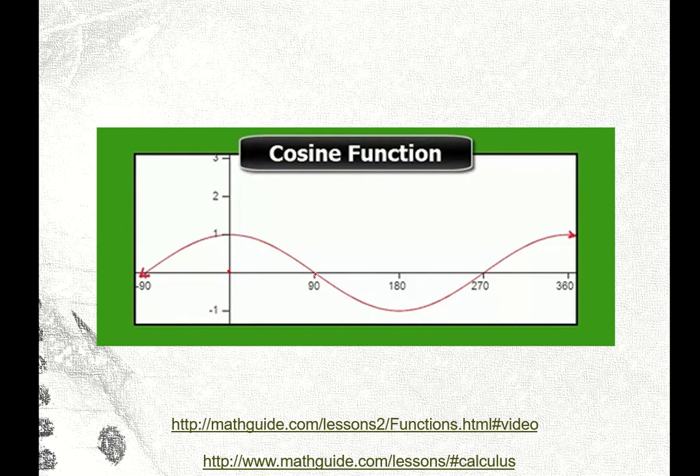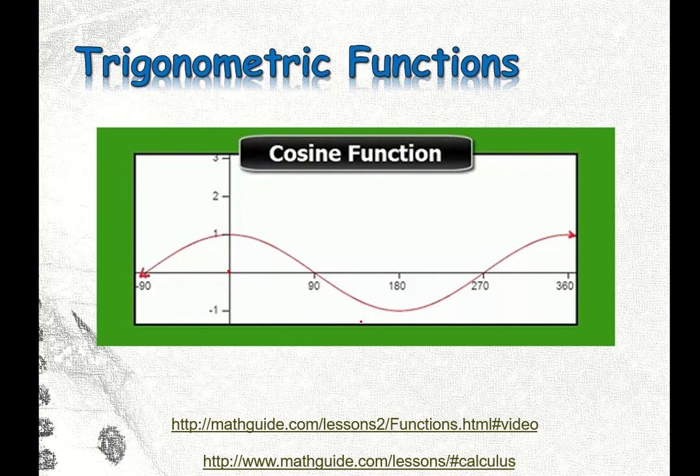Then it becomes 0 at 90, goes down to negative 1 at 180, back to 0 at 270, and maximum again at 360. Again, this is one cycle. So that's the basic cosine and sine functions.